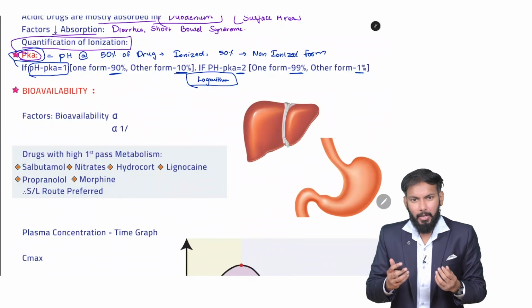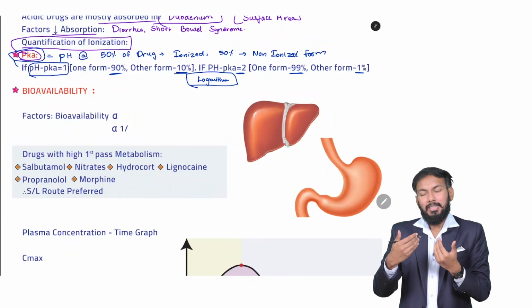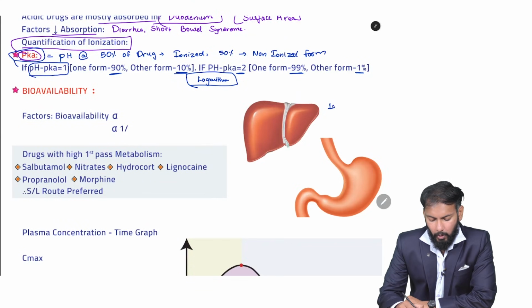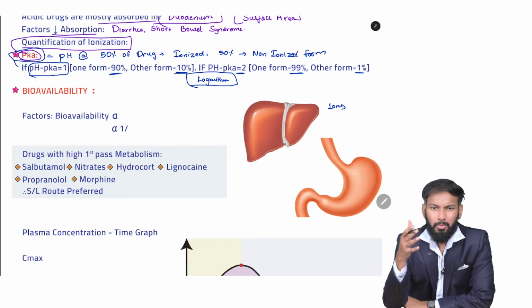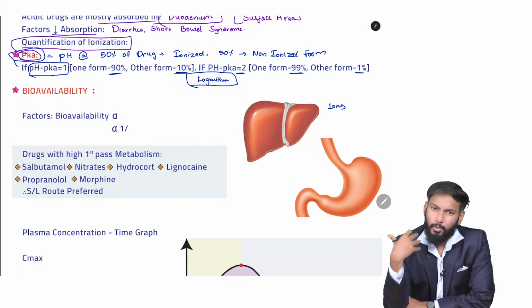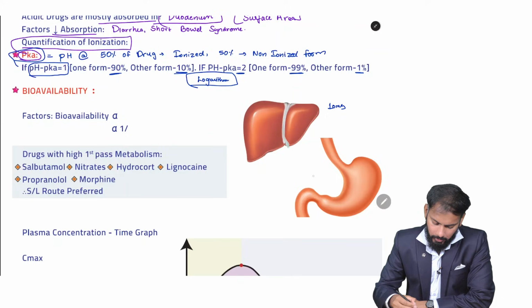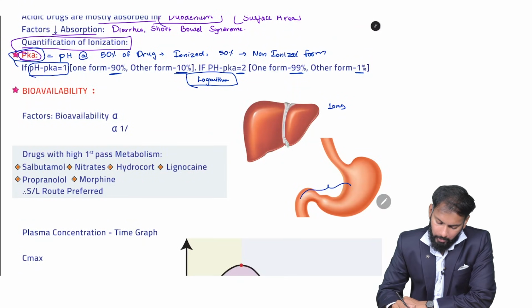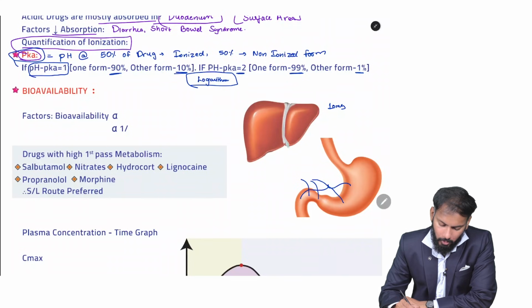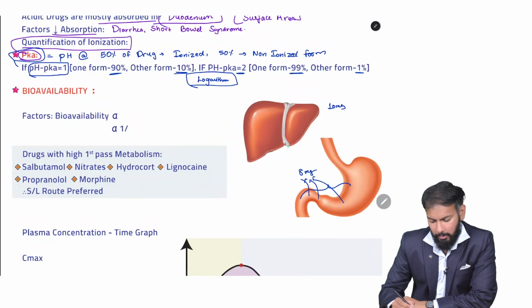If I am giving a 10 milligram drug orally, it goes into the mouth, then pharynx, esophagus, stomach, duodenum. I told you most of the drug is absorbed from the duodenum, then stomach. Let us suppose from duodenum and stomach the drug is being absorbed. Now, how much is absorbed? Let us suppose 8 milligram of this drug is absorbed and 2 milligram is lost.